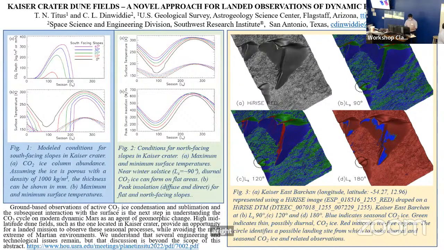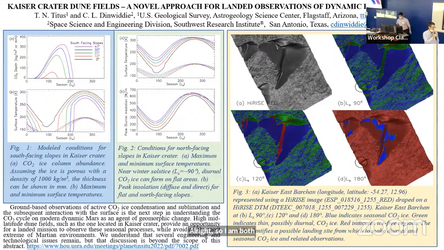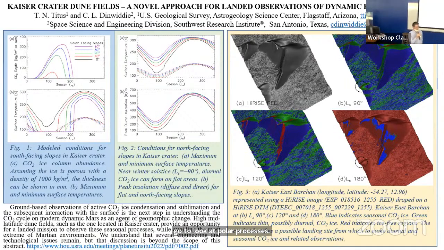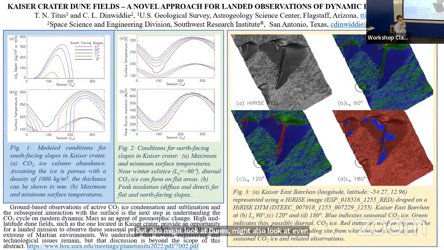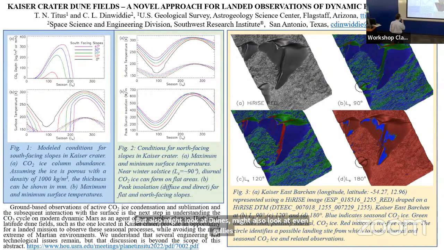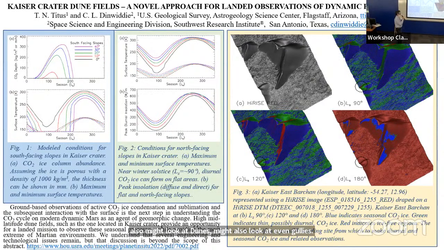All right, so I am both polar and aeolian for Mars, and so it's like, what would be a great place to go to look at polar processes, but also might look at dunes, might also look at even gullies, but of course, trying to land in an area that has seasonal CO2, it's going to get really cold.